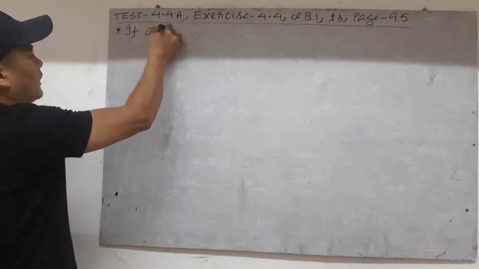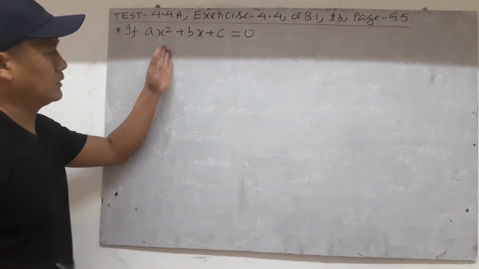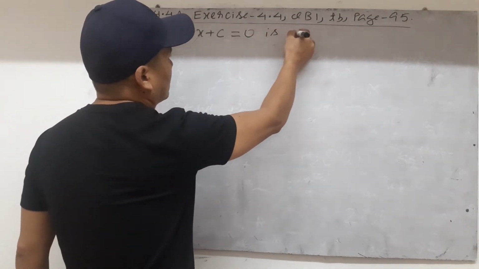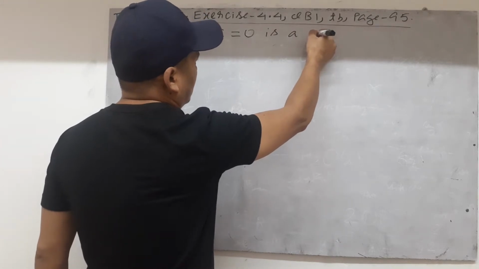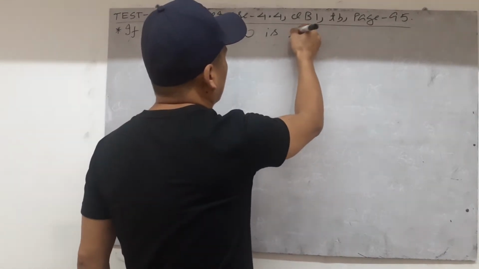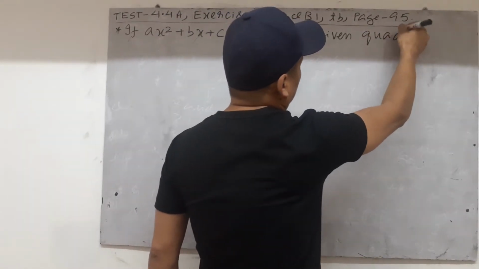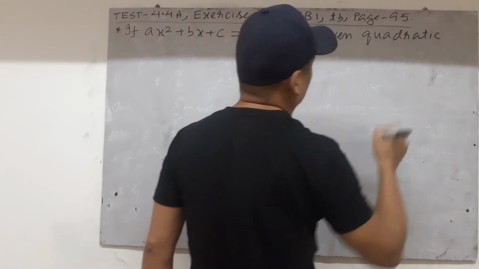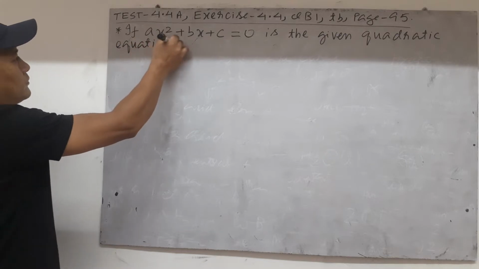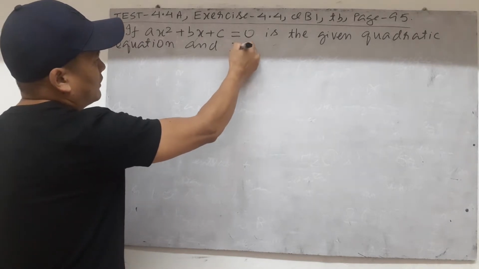If ax squared plus bx plus c equal to 0, which is the general form for a quadratic equation, is the given quadratic equation, then this is called the discriminant.